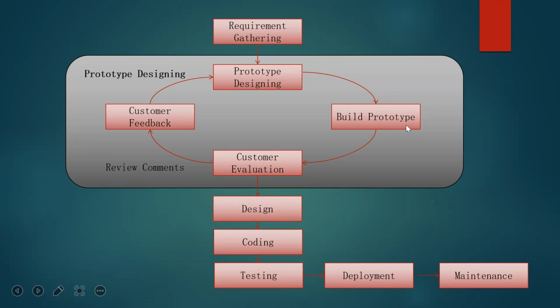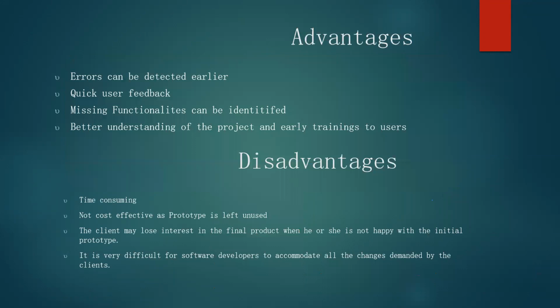But here the mocked designs will be left unused. There will be some amount or cost spent on that designing, but that will not be used anywhere in your software life cycle again. So that's what not cost effective, as prototype is left unused.